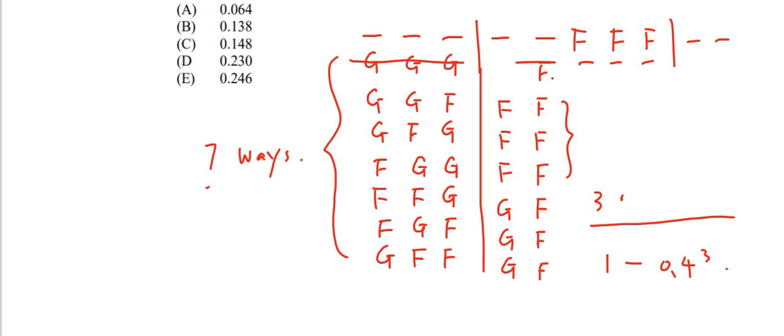Those are probably the same. F is 0.4, G is 0.6. So 0.4 happens 3 times and 0.6 happens 2 times, right? And this is 3. Same, right? So we just multiply.